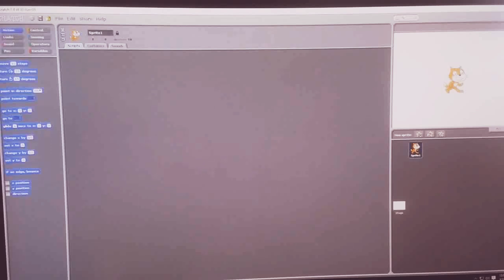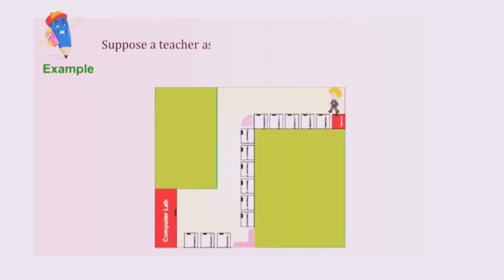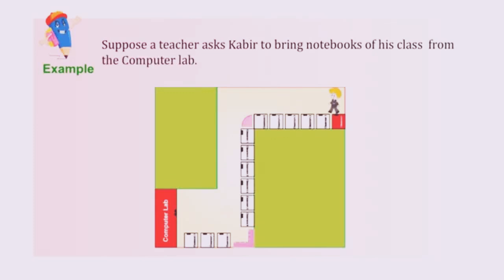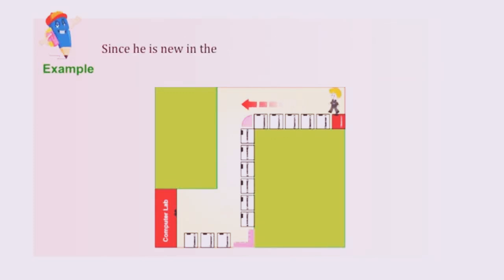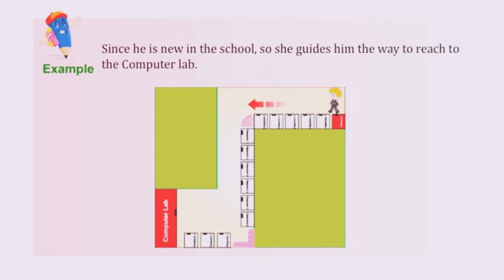So before we start creating the Scratch program, first of all let's take one example. Suppose a teacher asks Kabir to bring notebooks of his class from the computer lab. Since he is new in the school, she guides him the way to reach the computer lab.